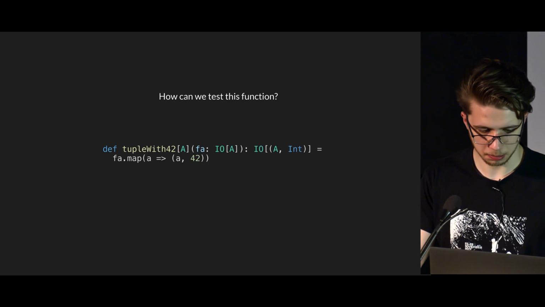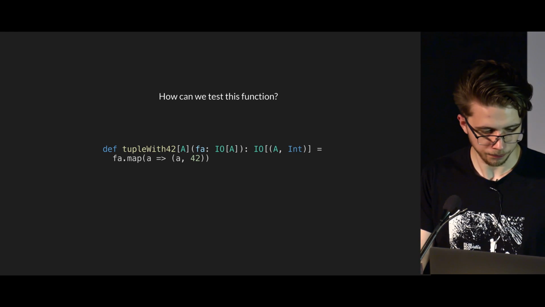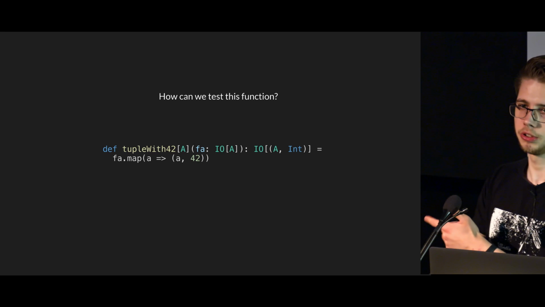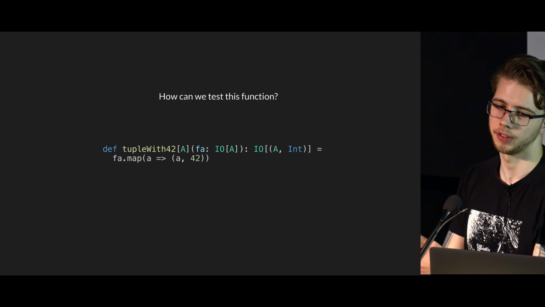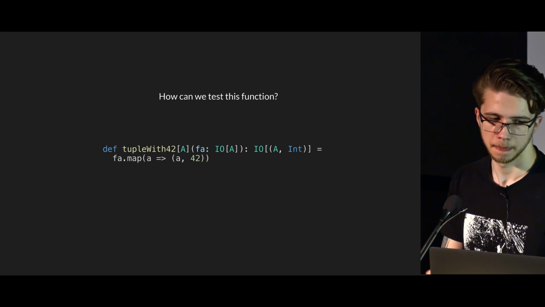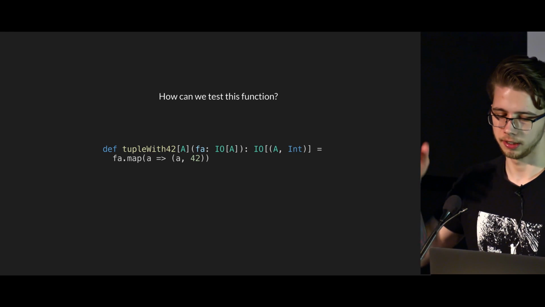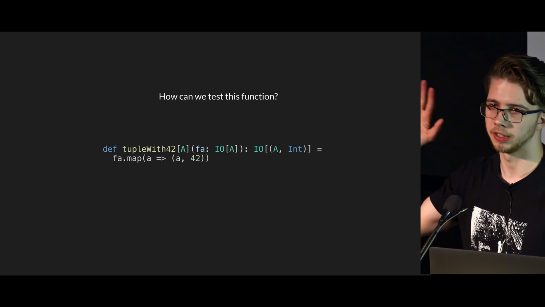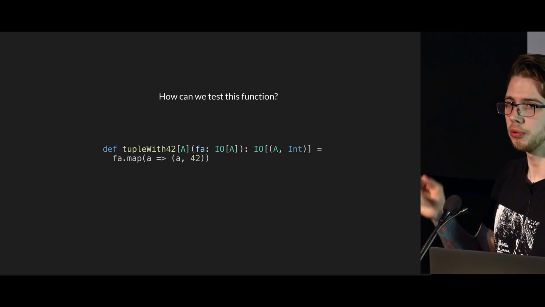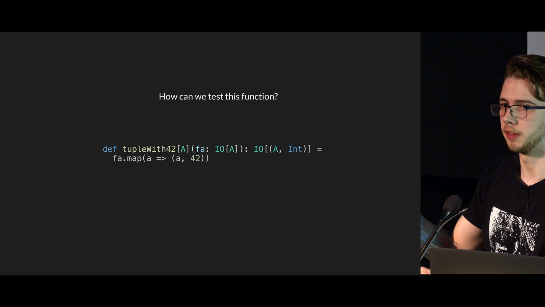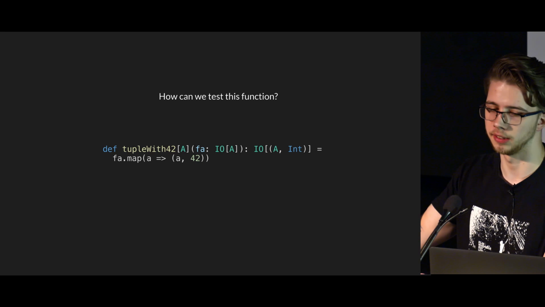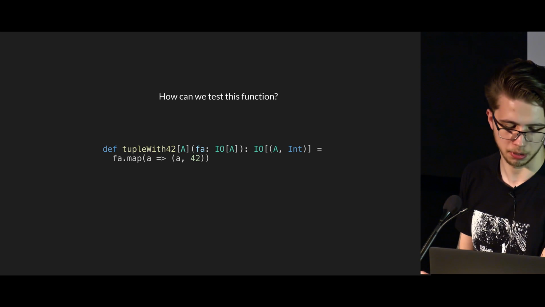So I want to talk about testing for a quick while. How would you test this function that takes an I/O? You don't really care while testing what the actual I/O does, the one that you pass in. You don't even care what it will produce, because it's abstract. It's parameterized with a type parameter.